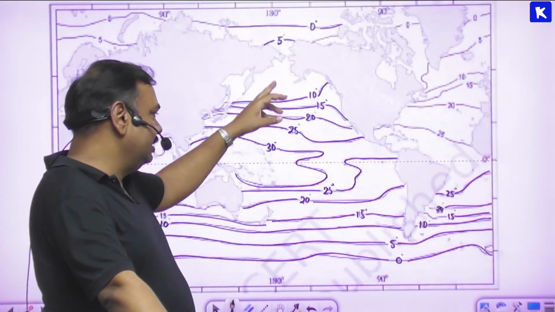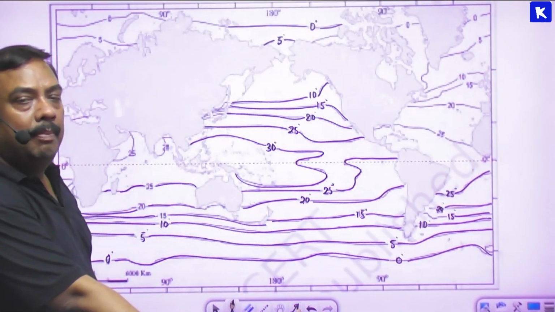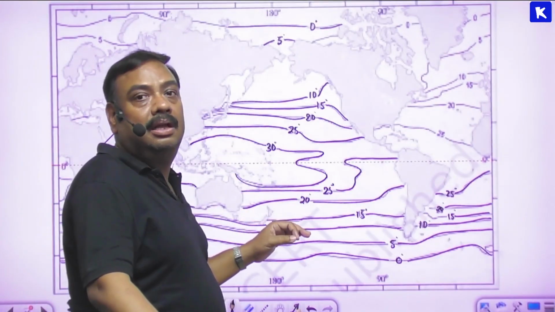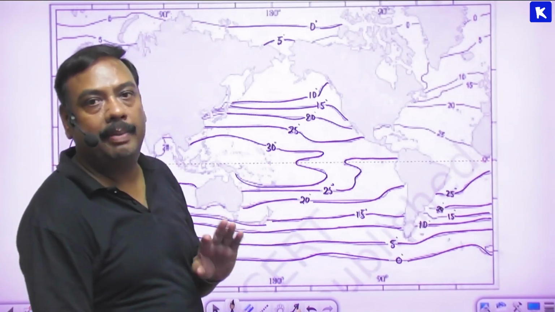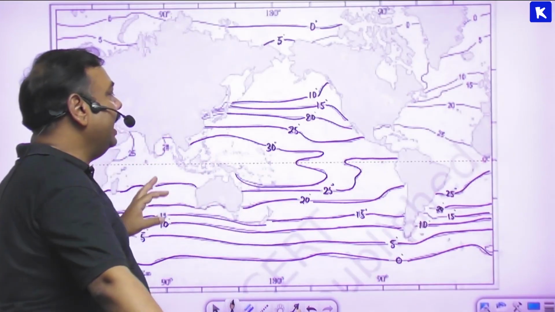This thing is also observed in the northern hemisphere. But one thing which is common for both hemispheres is the decreasing trend from the equator towards the poles. Got it?